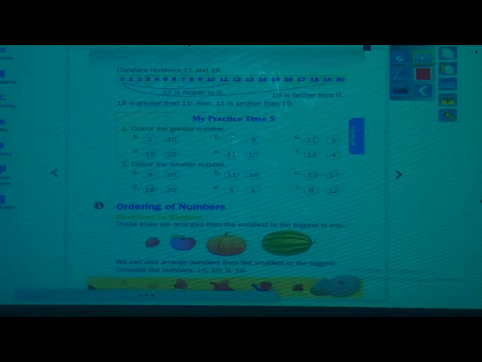And if they have asked you to color the greater number, then you color the number which is far away from 0. Or in short, the number which comes earlier is smaller, and the number which comes later is bigger or greater. Understood?